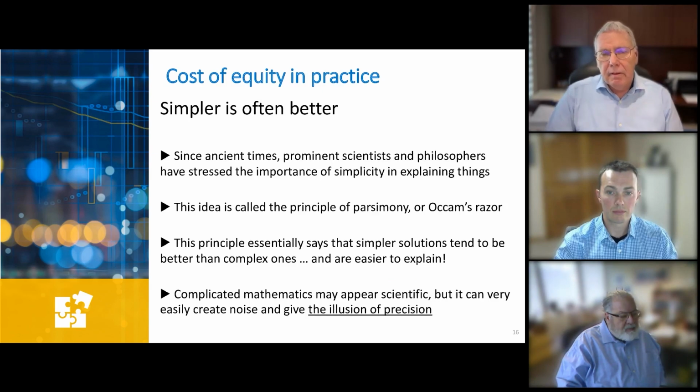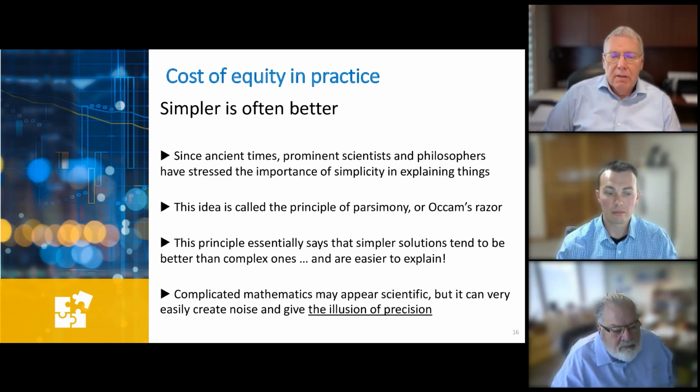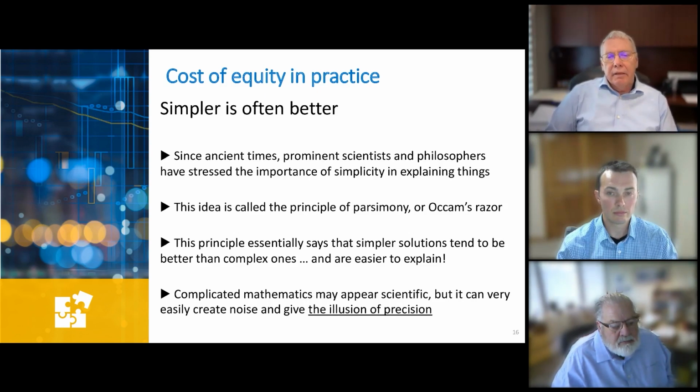So in reality, when you have something that's complex, often the best answer to a complex phenomenon is the simplest answer. And conceptually, that's called Occam's razor. You may remember that from somewhere in your past.